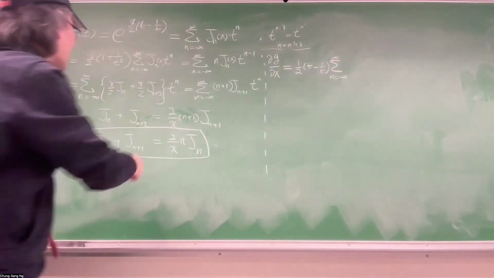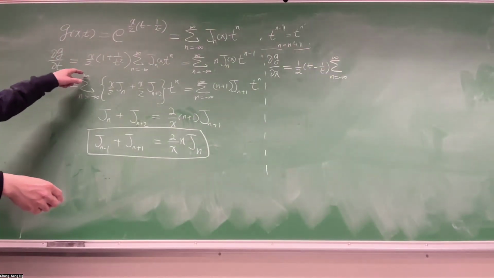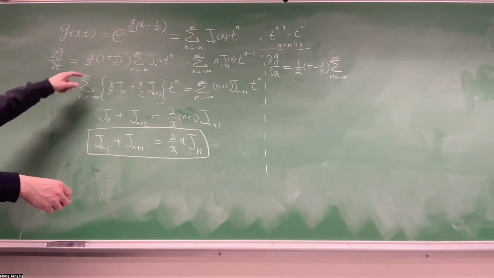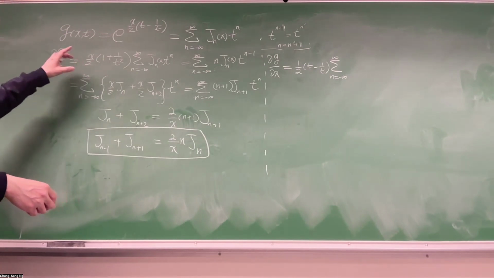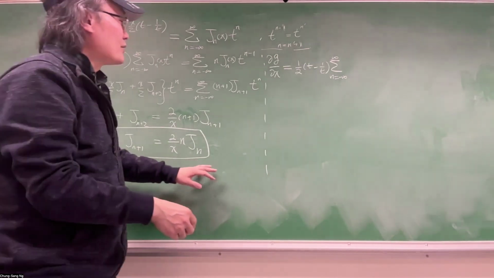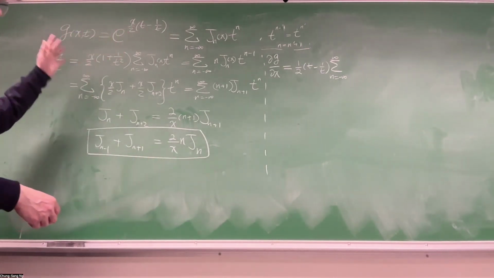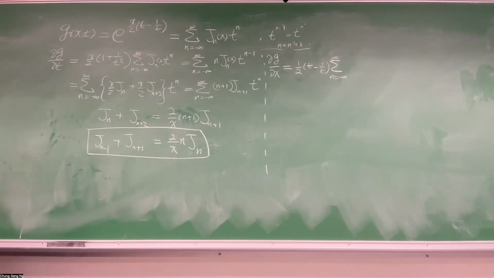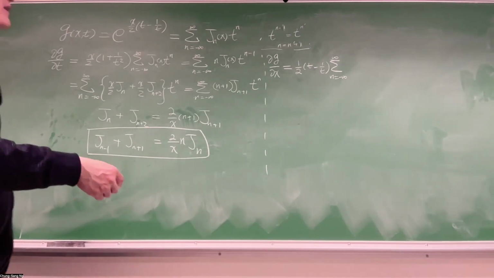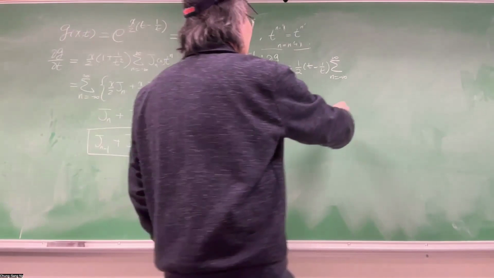And by the way, I forgot to argue that we don't need to shift the index, because the limit is always minus infinity to infinity. So that's fine. That's kind of easy.